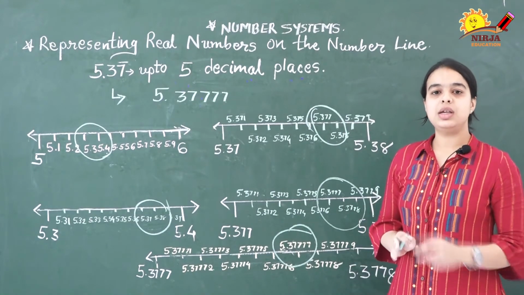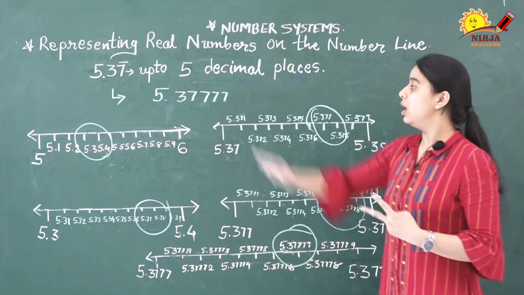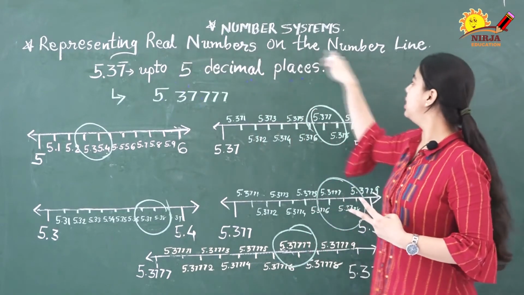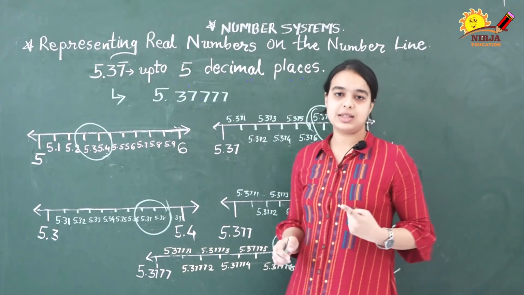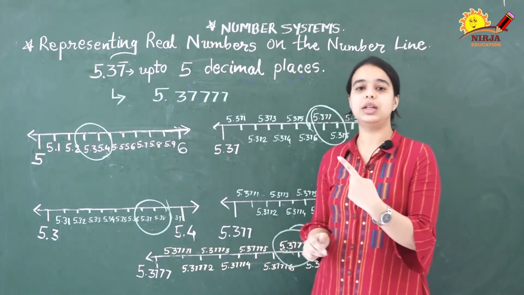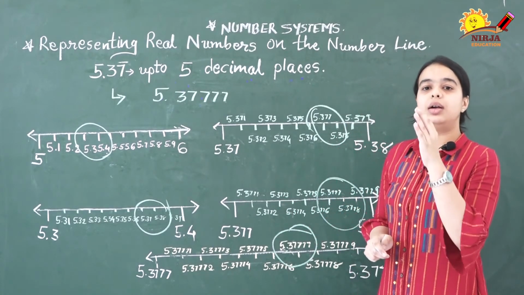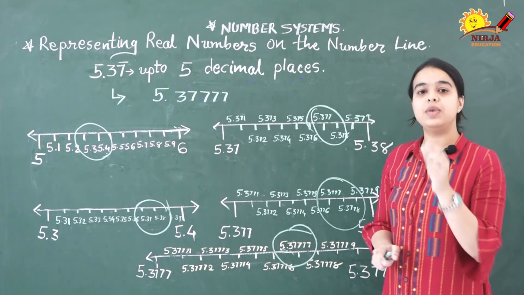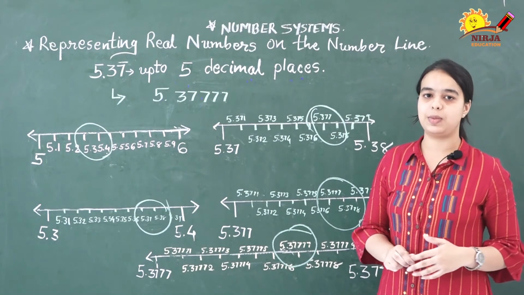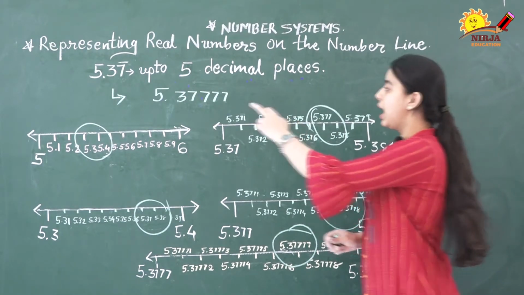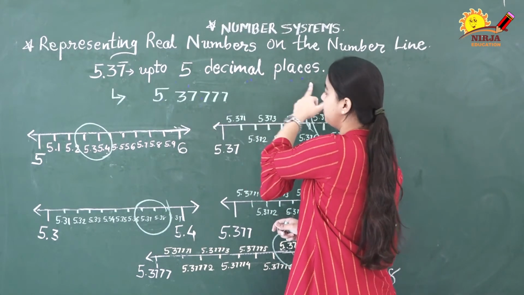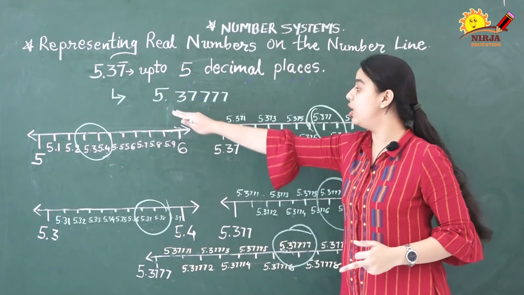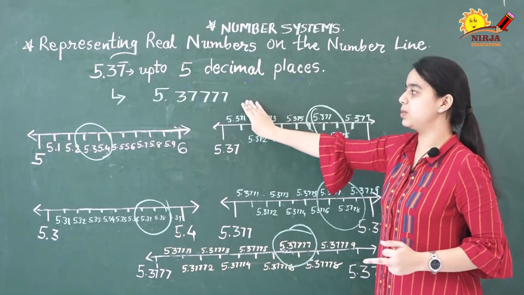This is very easy. So we have seen 2 examples of how to represent a real number on the number line. In the first example, we saw how to represent a number which has a terminating decimal expansion. In the same way, we saw how to locate a number which has a non-terminating repeating decimal expansion.